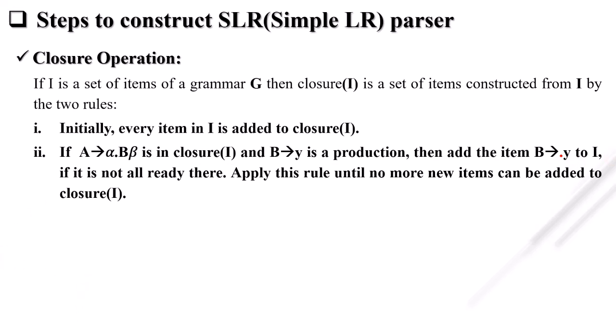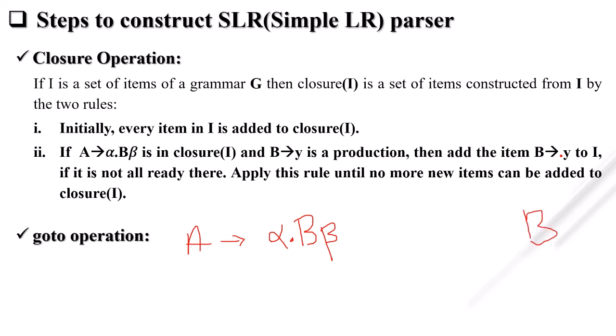Suppose my dot is reached here, and there is a non-terminal capital B, and there is a production with capital B tends to, suppose, A. Then I have to write here B tends to dot A. Why? Because after shifting, the dot is at the beginning of the non-terminal.